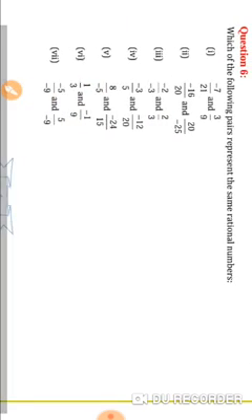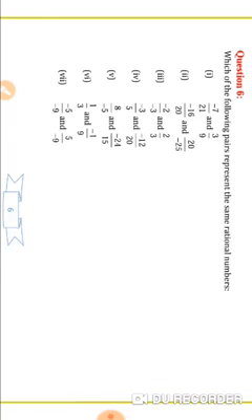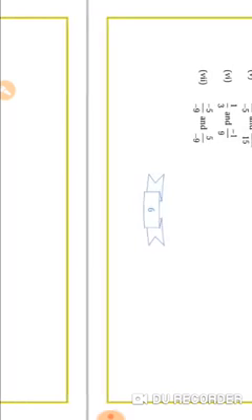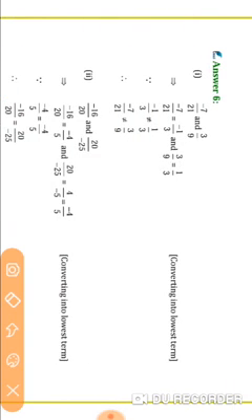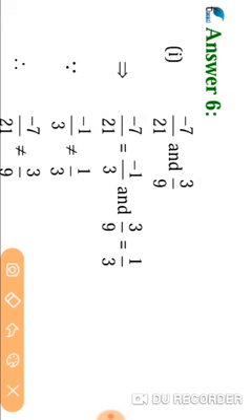Now, which of the following pairs represent the same rational number? See, to check whether rational numbers are the same, we can take the LCM of the denominators and make them equivalent fractions. Then we can write, or first take the lowest form of those. Both ways work. First, you may check by the lowest form.